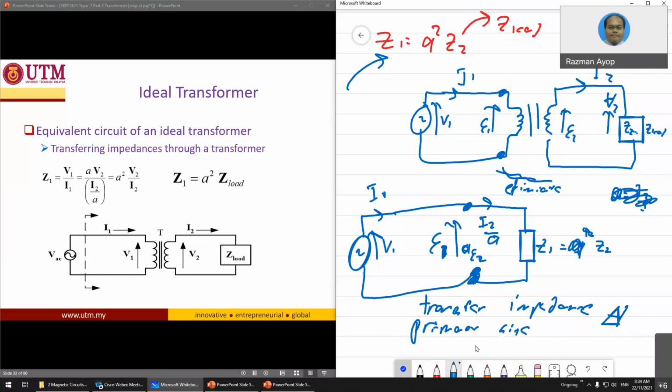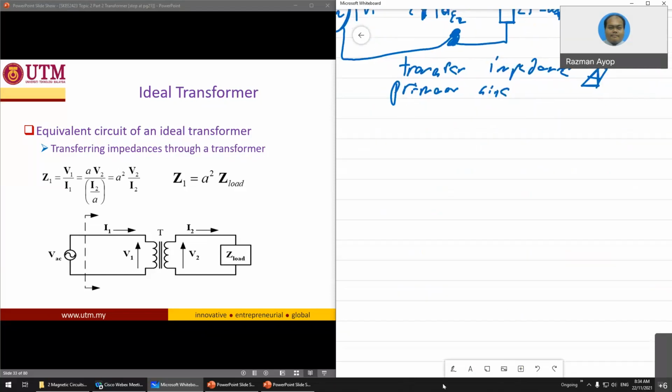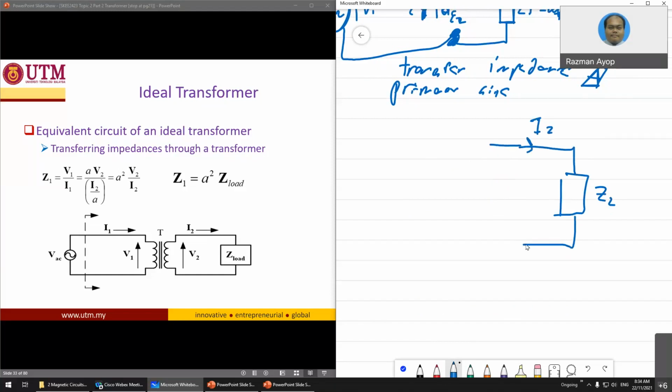How about transferring impedance to the secondary side? If you have something like that originally, the secondary side you keep constant. This one is I2. This one is Z2. If you want to transfer it to the secondary side, this one is E2, and all the primary side you have to transfer to the secondary side.